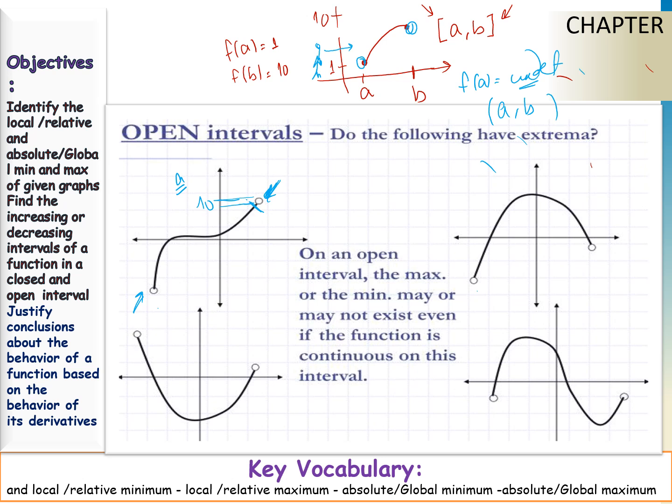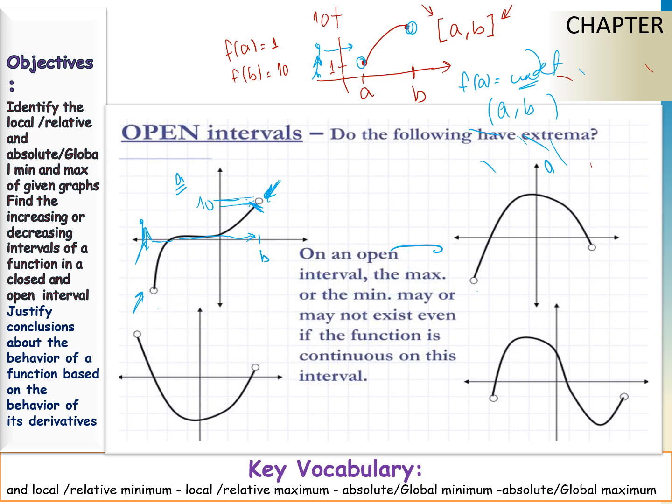On the x-axis you are coming closer to this point, suppose it is B, but exactly at B there is a discontinuity, so you don't know what this height is equal to.